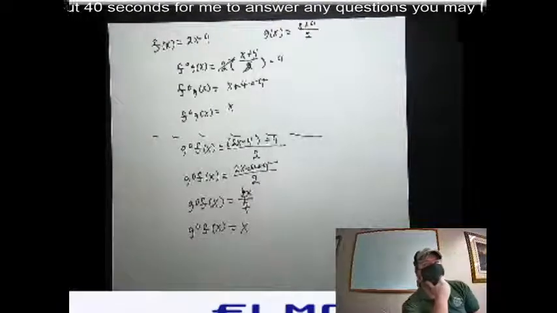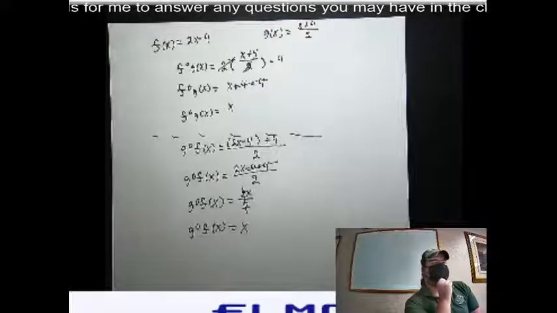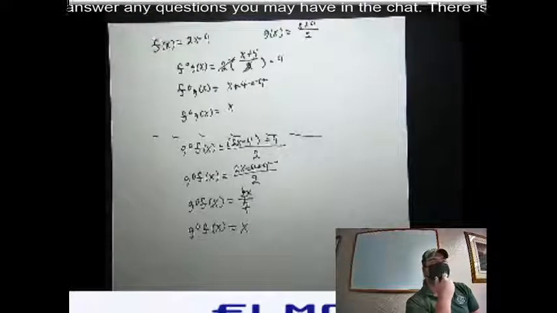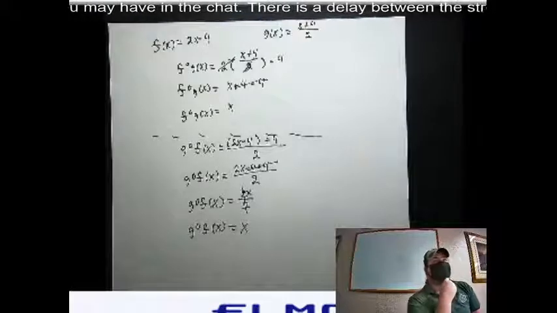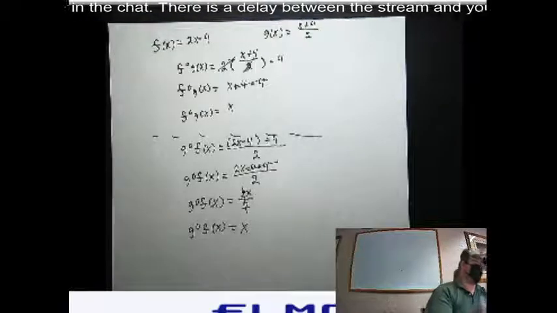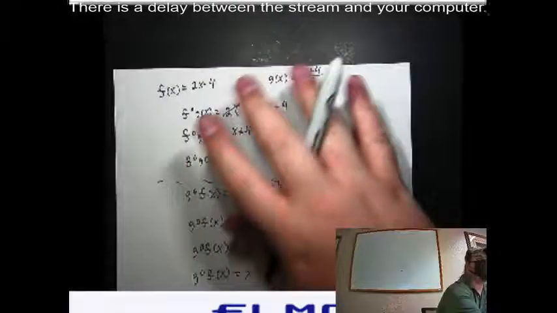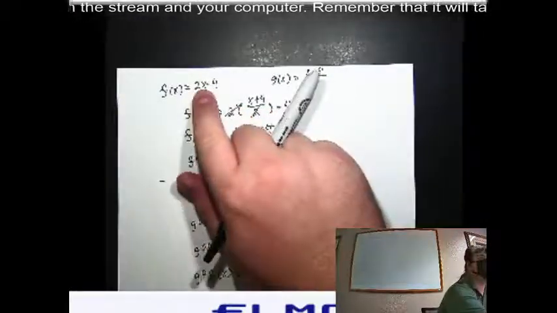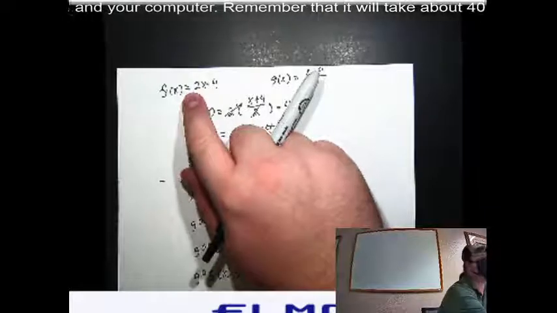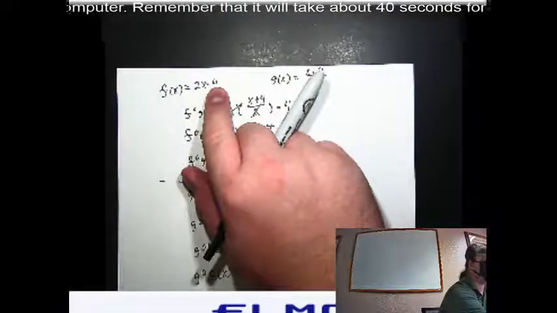Very interesting. So what's going on here? Why are these so special? These are what we call inverse functions. When I first showed you these two functions, I said this one multiplies x by 2 and then subtracts 4.